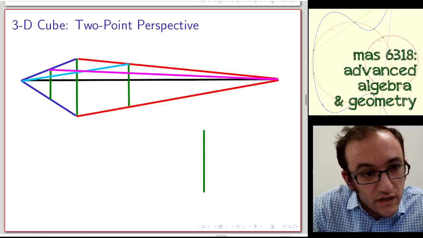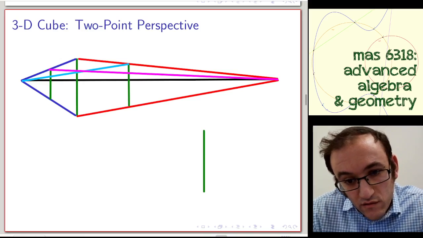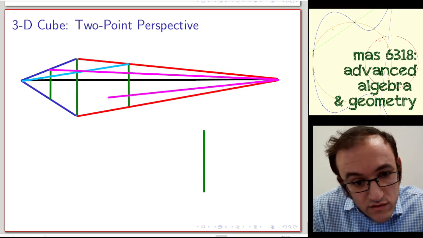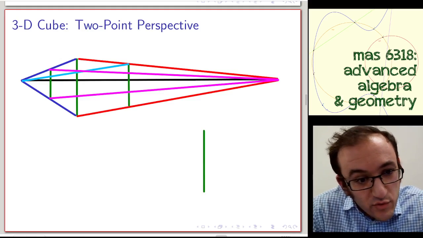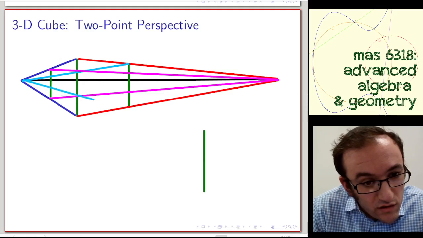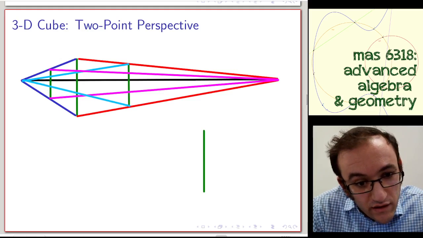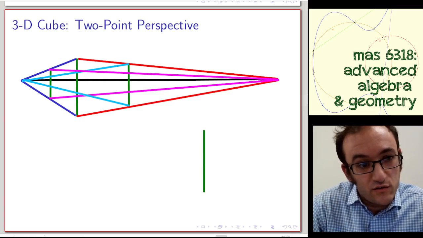Okay, and we'll also connect this point to this back corner and this point to this back corner. And that should give us our whole cube.